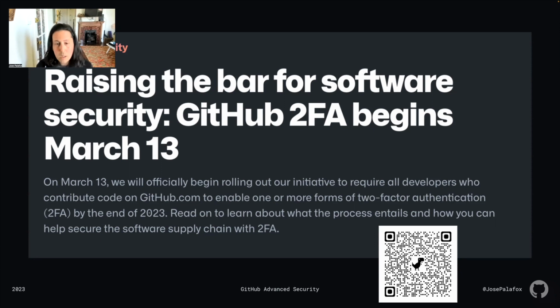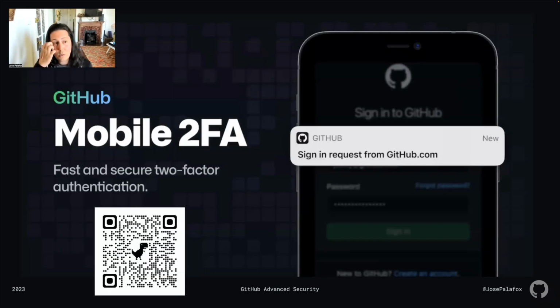Also, we added two-factor authentication as a time-based one-time password provider using our mobile app. So if you download GitHub Mobile, you can configure it to be your two-factor device. You'll get a push notification on your phone when you're trying to do certain activities on GitHub that would require you to authenticate.